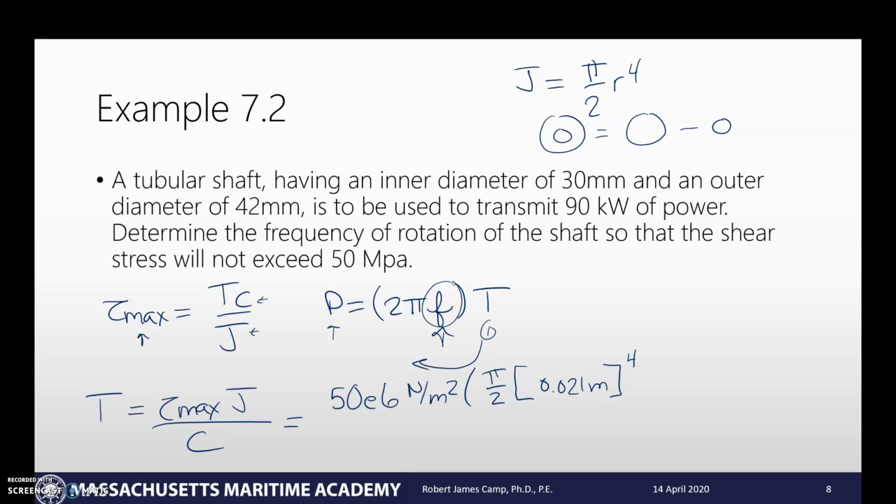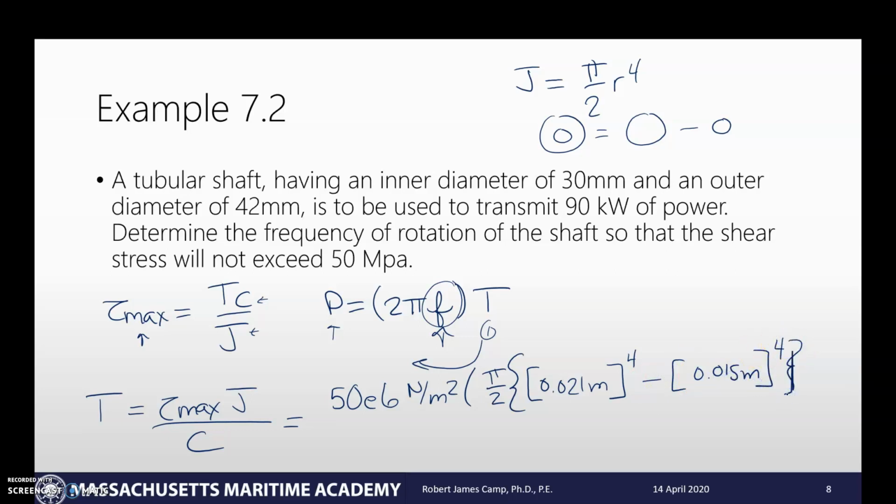Raised to the 4th. And actually, let's bracket this a little bit differently, because we're going to need pi over 2 on everything. So we want to make sure that we raise the 0.021 to the 4th, and then subtract from that the inside radius, which is 0.015 meters to the 4th.